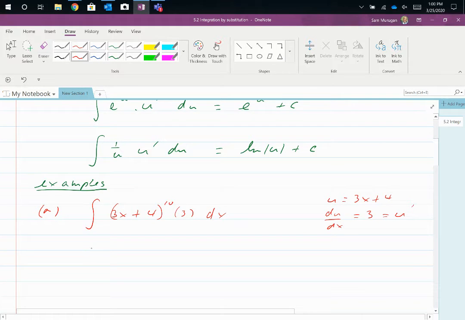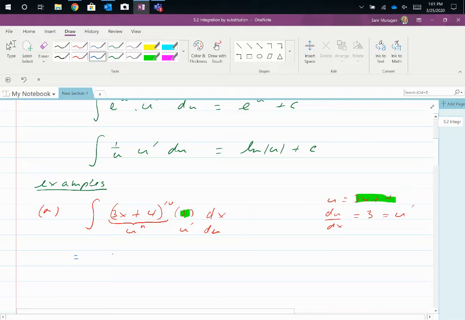So what's happening here is this is already in the form u to the power n u prime du. Since 3 is the derivative of 3x plus 4, we already have u prime situated where we want it to be.